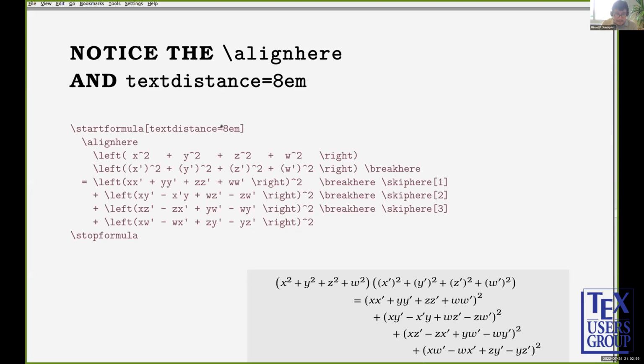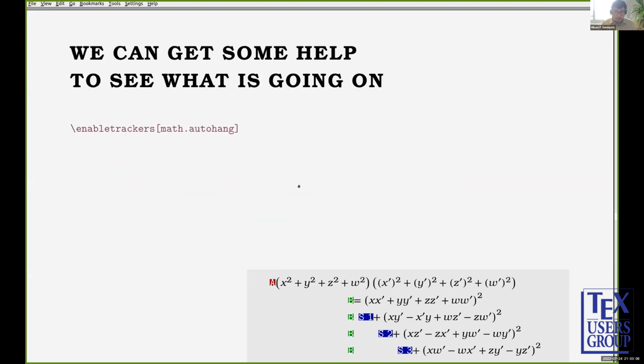So we have the text distance parameter, which is so to say the skip on the next formula. It's maybe clear if we show this with a helper. So we align here. We have text distance, which is added to all the coming lines, and then we have skip here if we want.